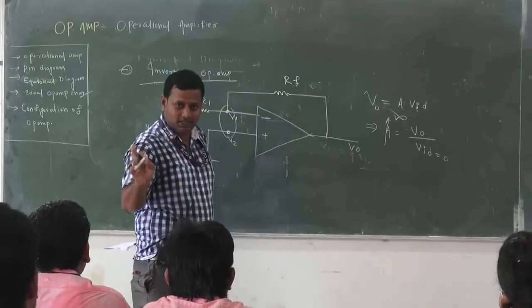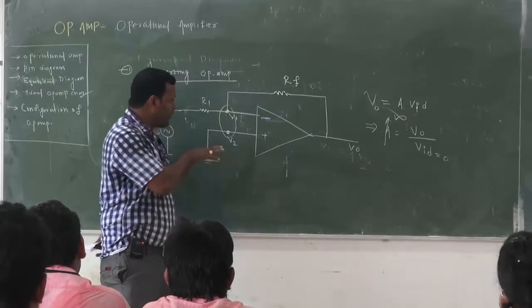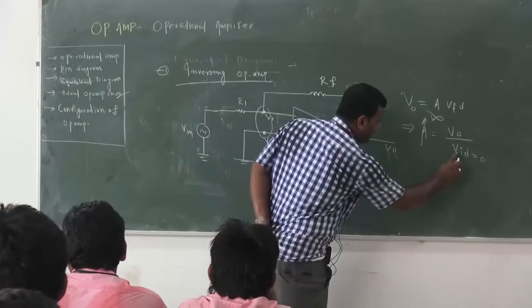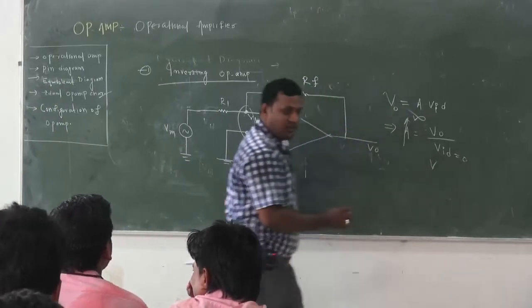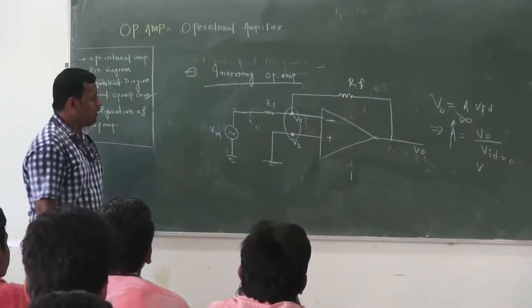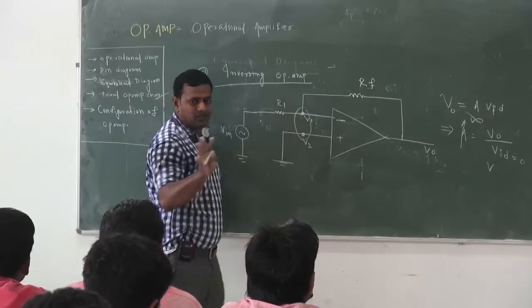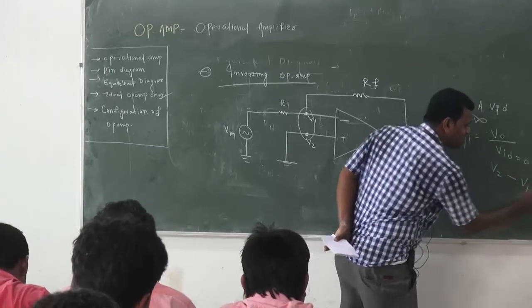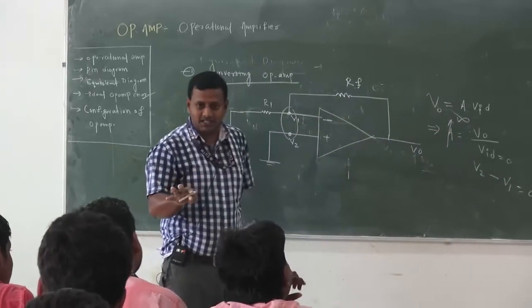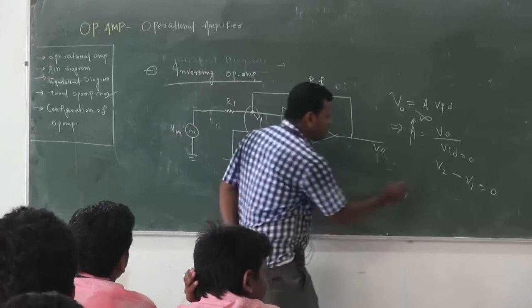Only that is the condition for it to obey the ideal characteristic. Now if VID is equal to 0, what can I say? What is VID? V2 minus V1 must be 0, right? So V2 minus V1 must be equal to 0. What is the meaning of this? V2 is equal to V1.